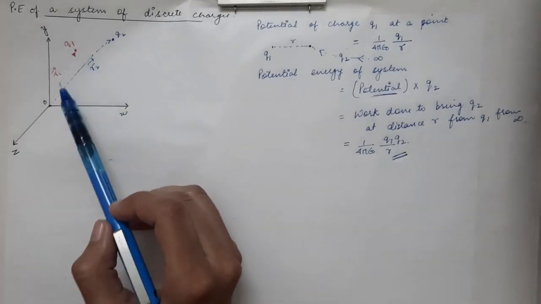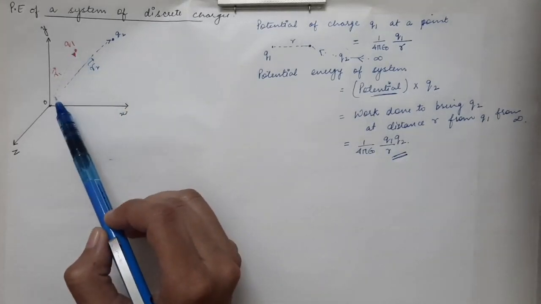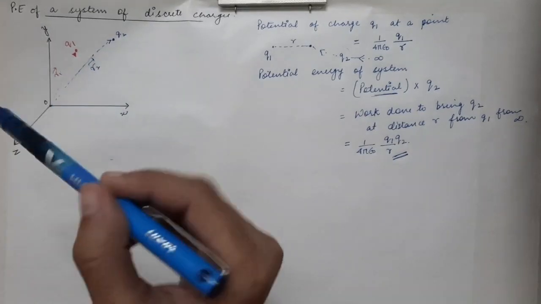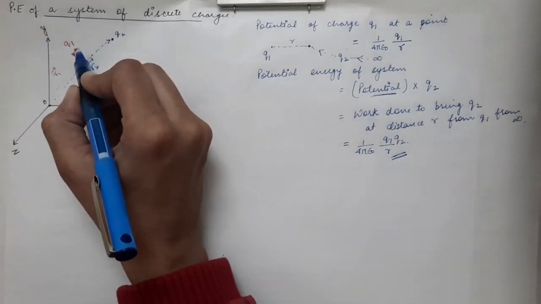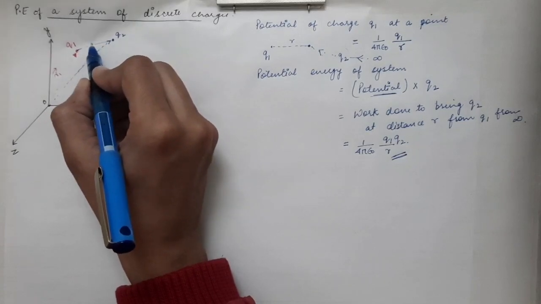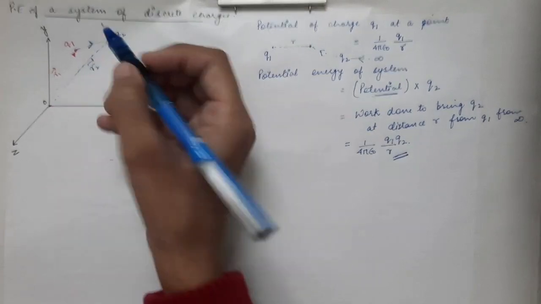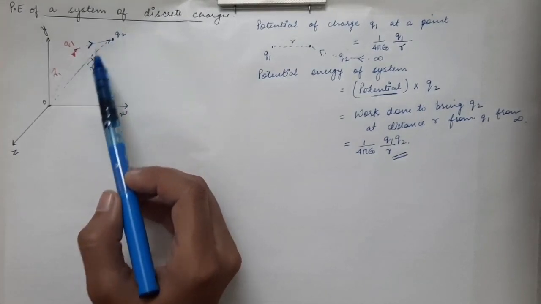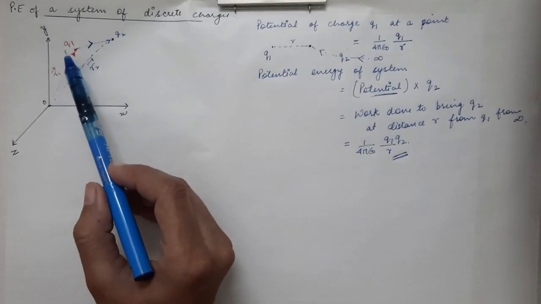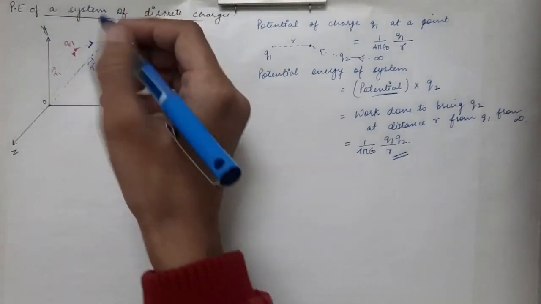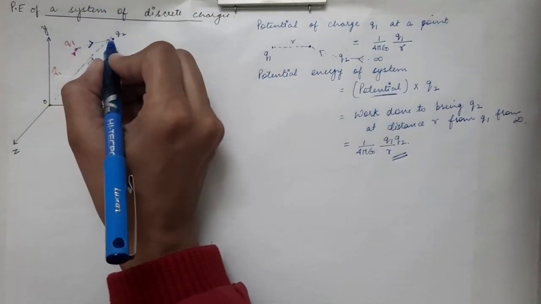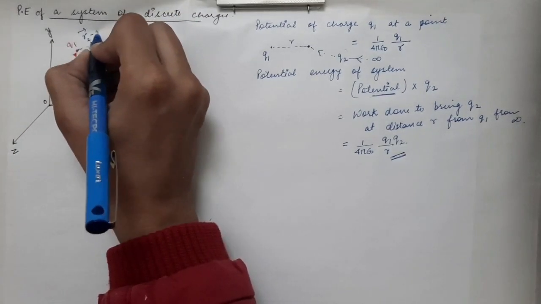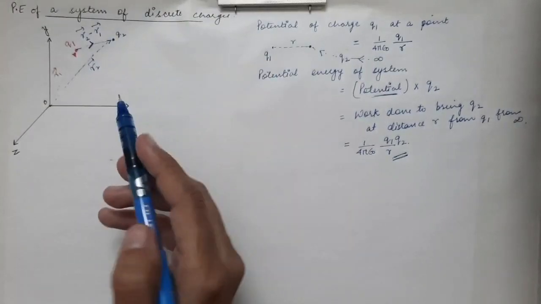Here we know the position vector of q1 charge, we know the position vector of q2 charge, and we can find the distance between these two charges by the triangle law of vector addition. So this vector from q1 towards q2 charge will be equal to r2 vector minus r1 vector.